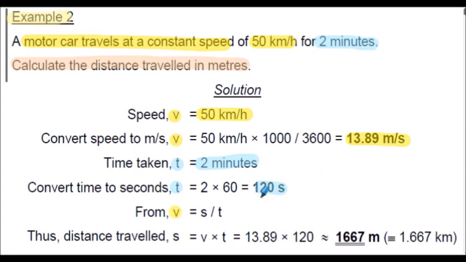Speed is equal to distance travelled divided by time taken. We can rearrange for the distance travelled, symbol S. That's V, 13.89 meters per second, multiplied by time T, 120 seconds. So the distance travelled is approximately 1,667 meters.